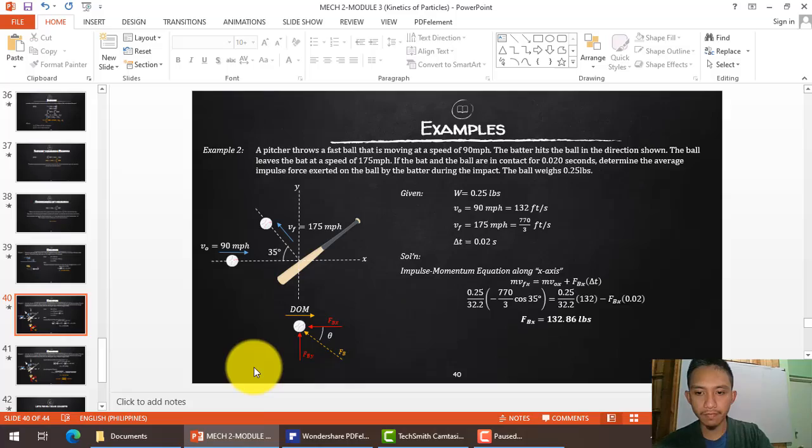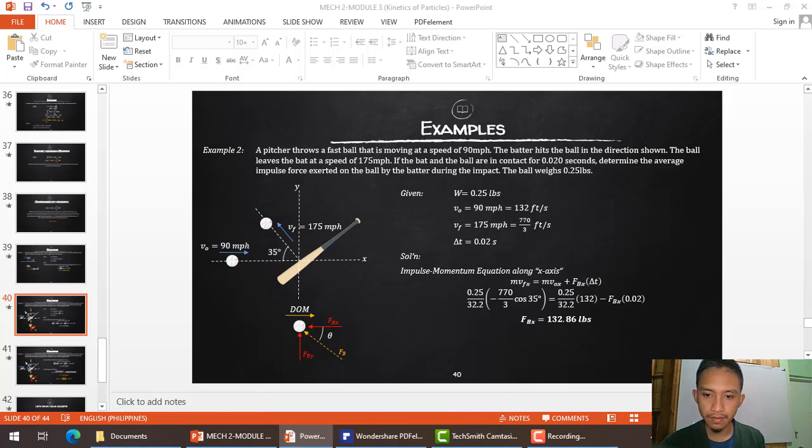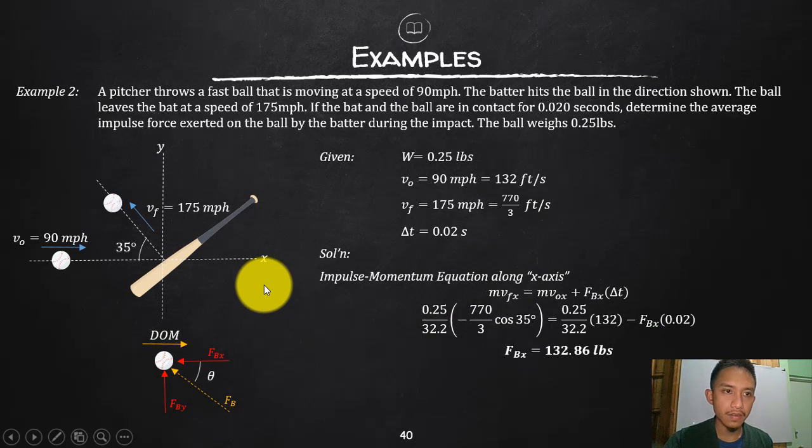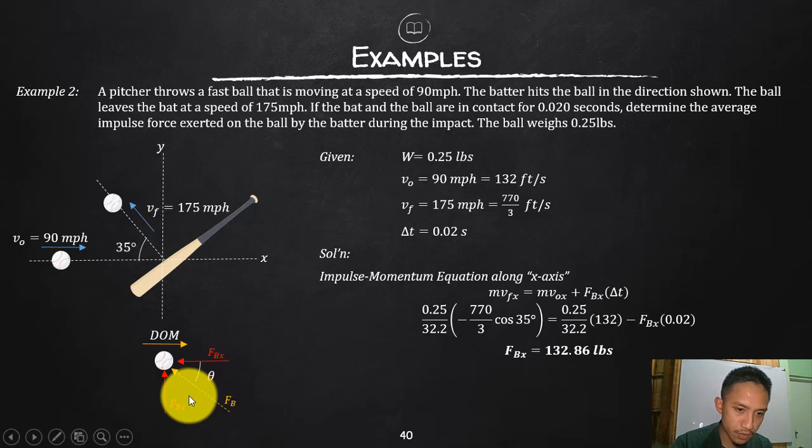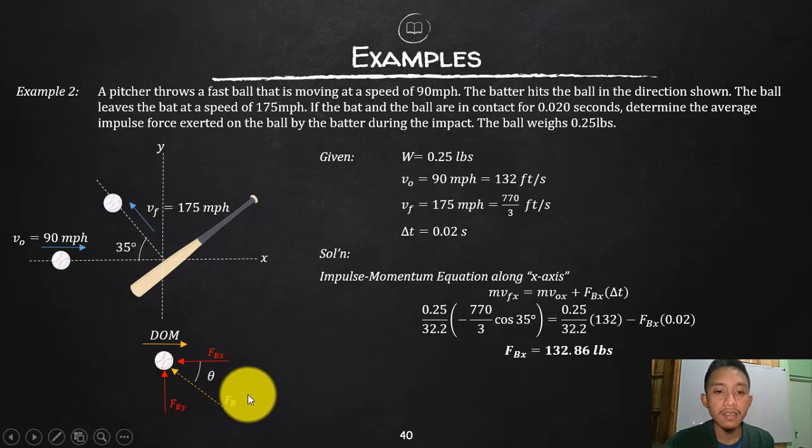So I just put the theta there. Since we do not know if that is exactly 35 degrees or not, let's just say it is an unknown theta. We need to break down the motion horizontally and vertically.